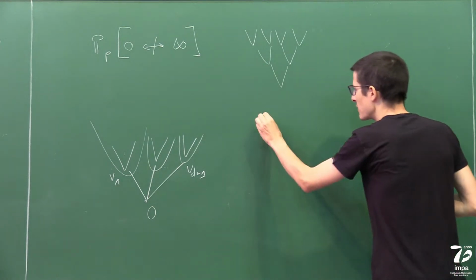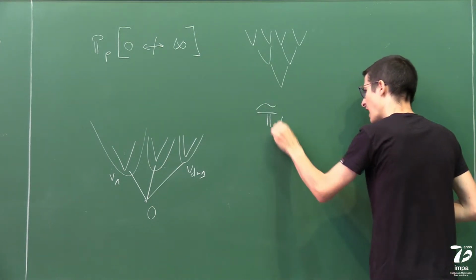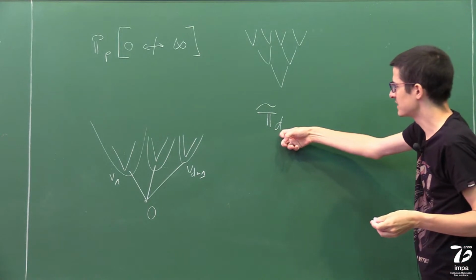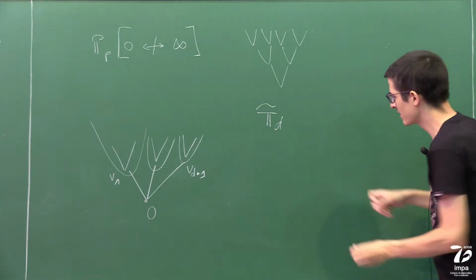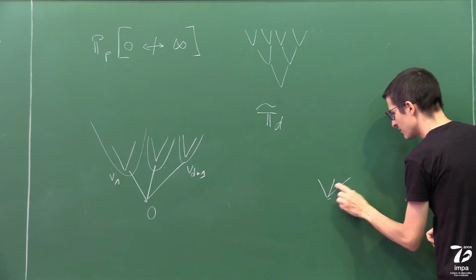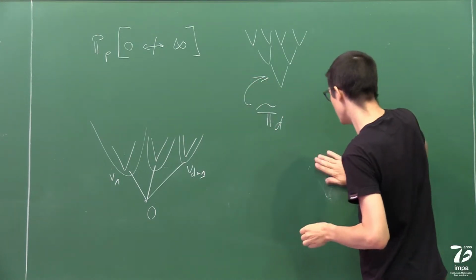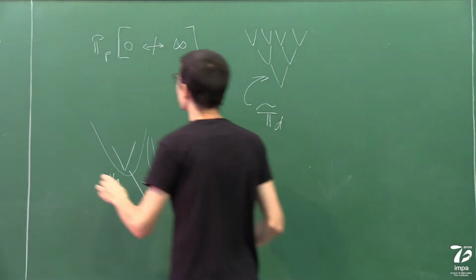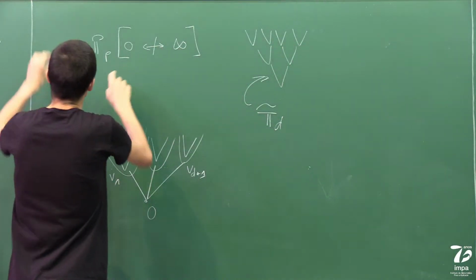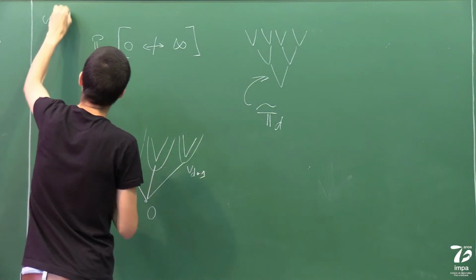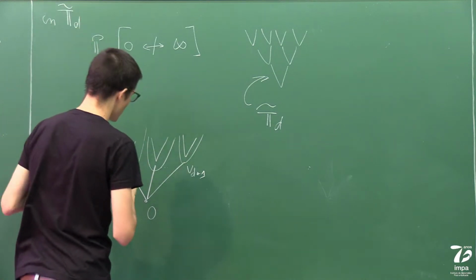So for this reason, I will look at another tree TD, which is not periodic this time, and where the root has degree D. Okay. So this I will call TD. So I will look at this now in TD.